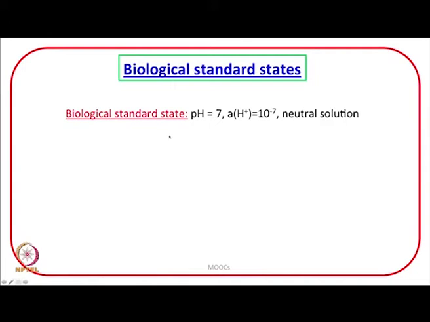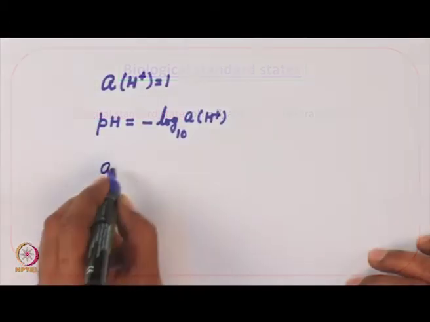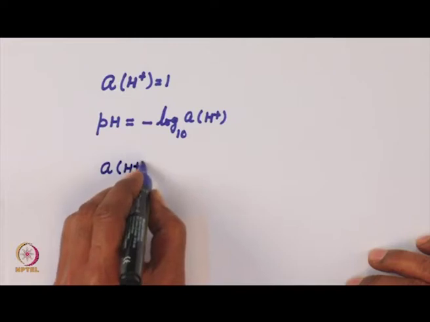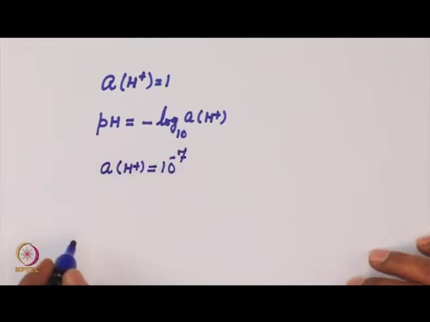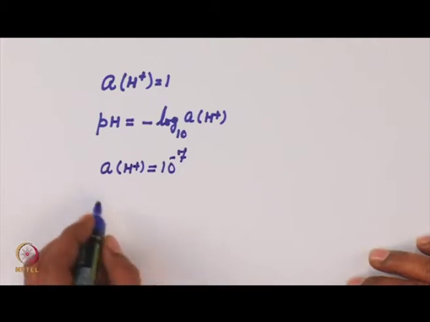Biological standard state means pH of the solution should be 7. That means activity of hydrogen ion should be 10 raised to the power minus 7. And we have discussed earlier that activities do not have any units, so we will not put any units with the activity.